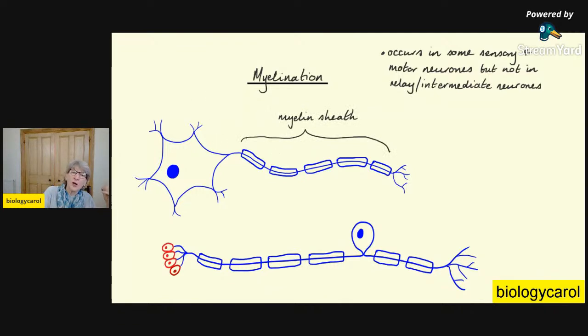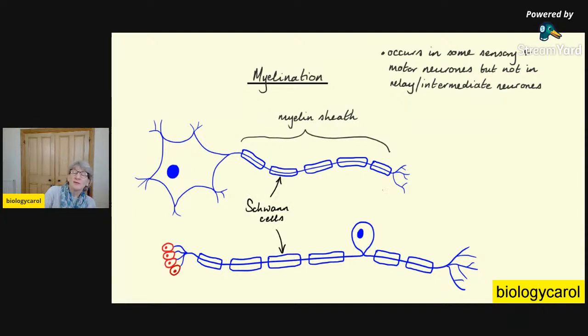So this whole thing is called the myelin sheath. Sheath meaning covering. And myelin is made up of a fatty substance which therefore acts as an electrical insulator.